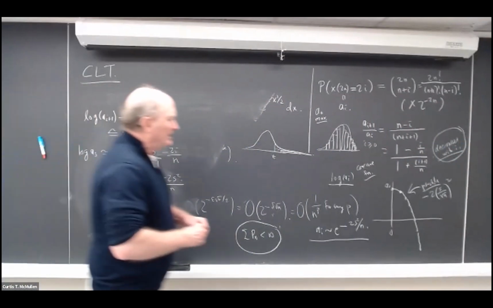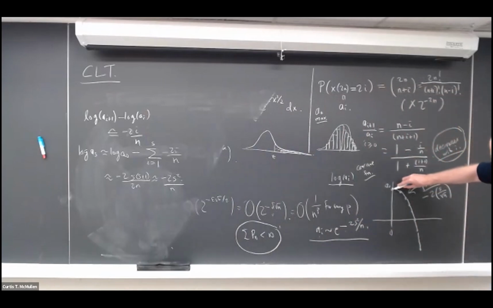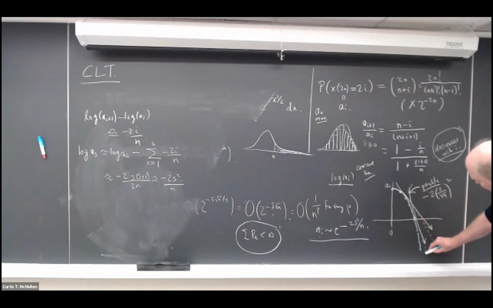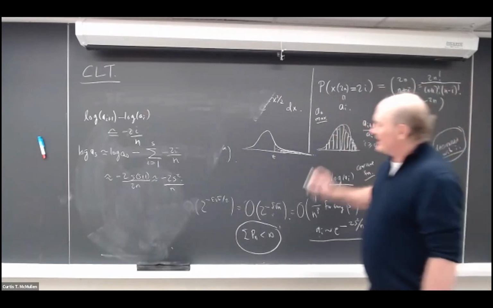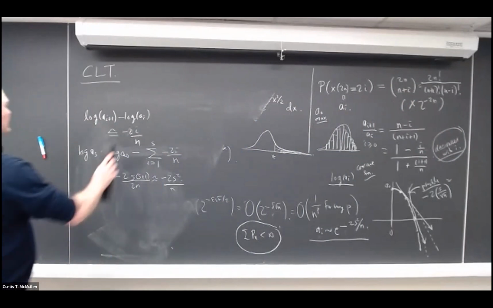And what we did to get our crude version of the central limit theorem is we went up to a certain point here and we said, look, this function is decreasing, its slope here is some number. We then know it continues to decrease at least that fast. But of course, we could have waited until here and then said it continues to decrease at least that fast. That's why the actual theorem has an e to the minus x squared in it instead of an e to the minus ax.